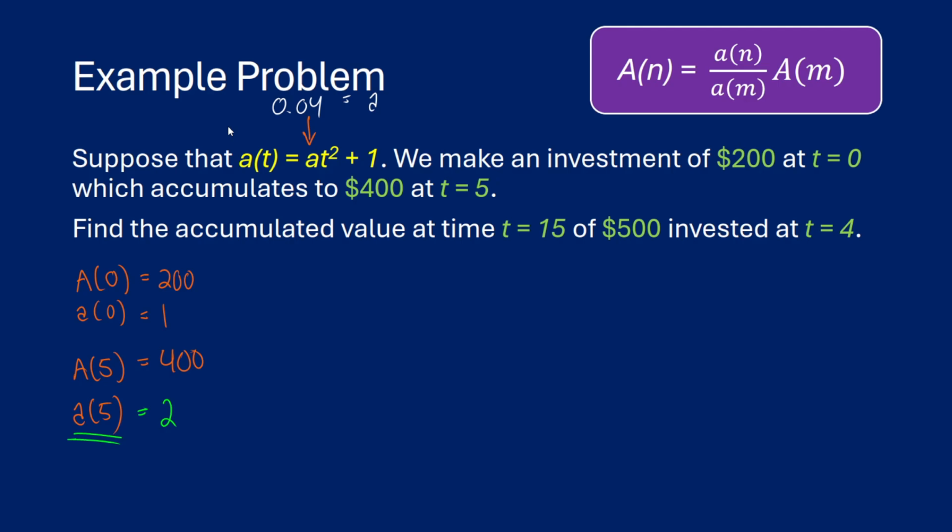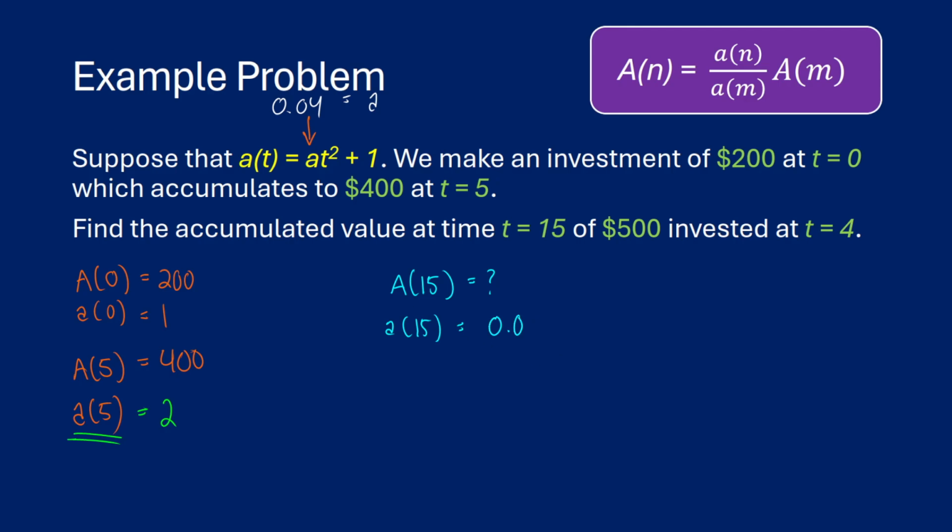This means that we can now work with the final question, which is to find the accumulated value at time t equals 15 of $500 invested at t equals 4. What is this telling us? This is saying that big A of 15, we don't know it yet. We do know little a of 15, our accumulation function.